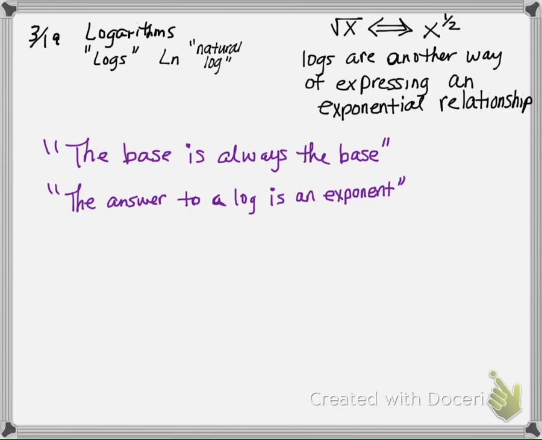All right, so let's take a look at an exponential relationship. y is equal to b to the x power. Everybody agree that that is an exponential relationship, where x is your exponent?